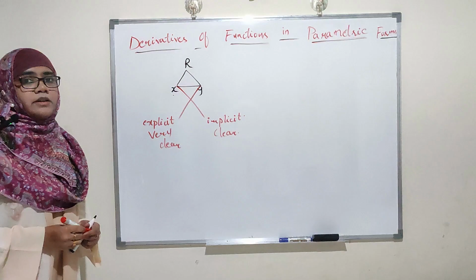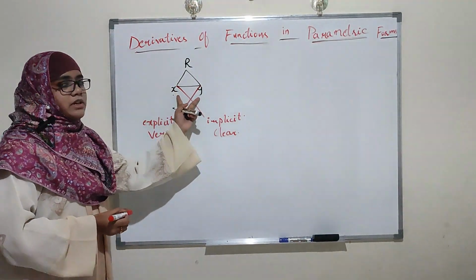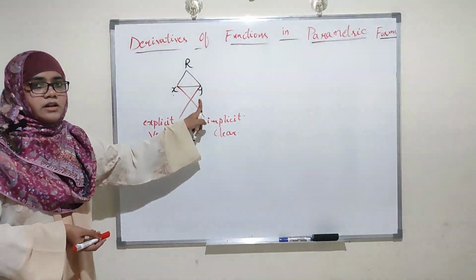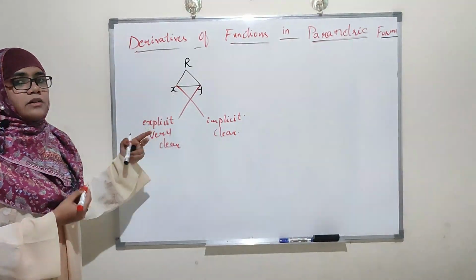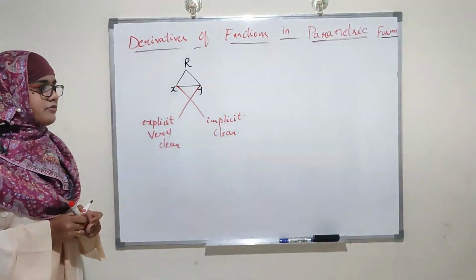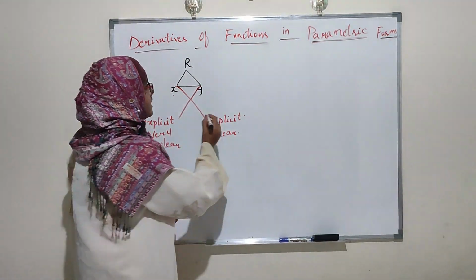So we want to connect the relation between the two variables x and y. Those variables are neither very clear nor unclear. Means they are in confusion. We are having such type of function which are in terms of confusion. So how to connect this? We are taking another variable.